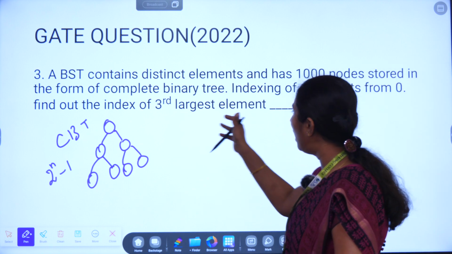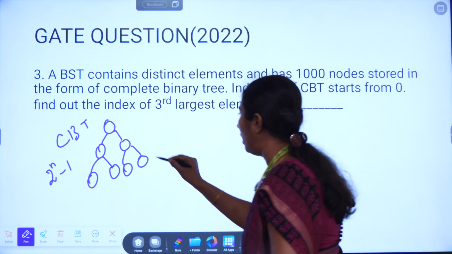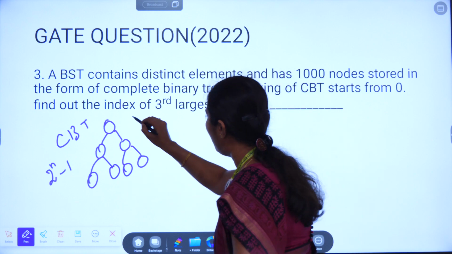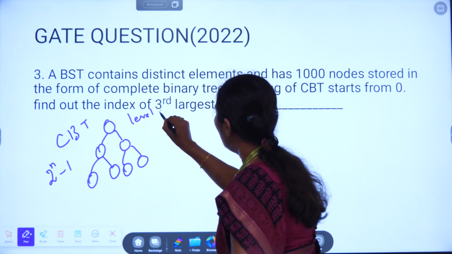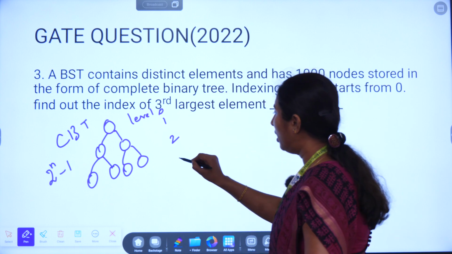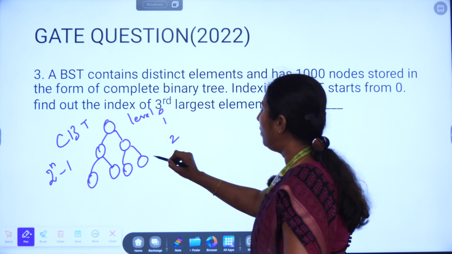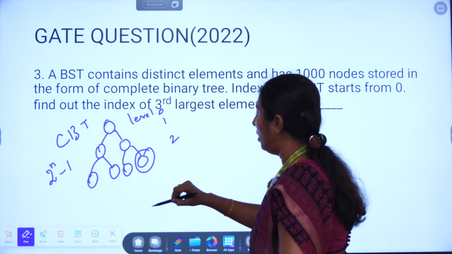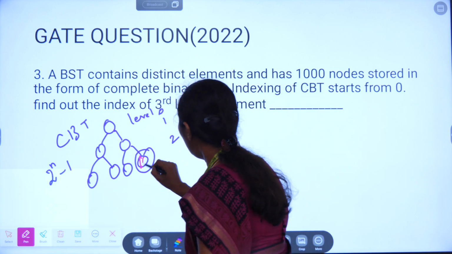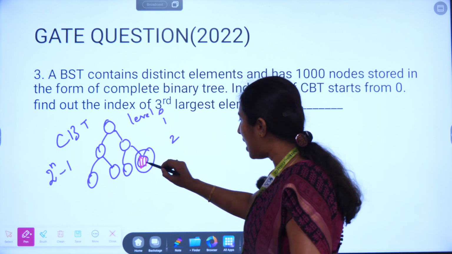To find the third largest element in the BST, we need to go along the right side elements. So this is the tree we have taken, with levels 1, 2. For this particular level, the largest element will be in this particular place. This is the first largest element.